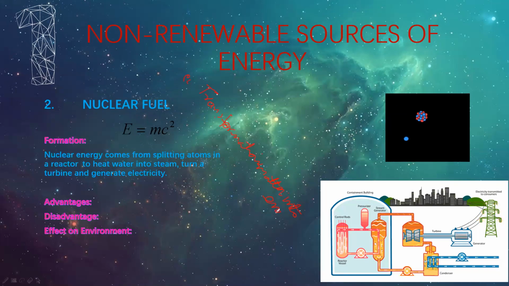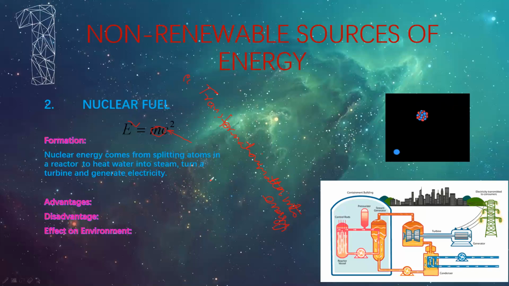This is how matter or mass is converted into energy. So the nuclear fuel, in fact, is based on Einstein's famous mass-energy equation, E = mc². Here E is the amount of energy released, m is the mass that is destroyed, and c is the speed of light.